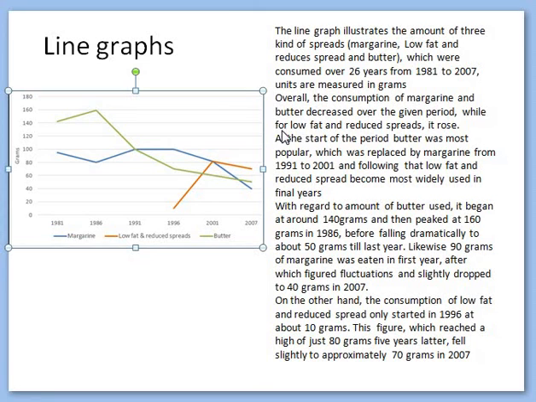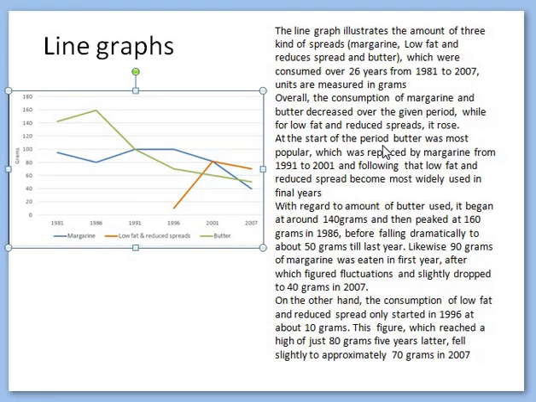Check out the butter. It was about 140 grams, and at the end of the period it was about 50 grams. So it was reduced. Margarine was about 95, and at the end of the period it's about 40. While low fat and reduced spread rose, from 10 grams to about 70 grams at the end of the period.